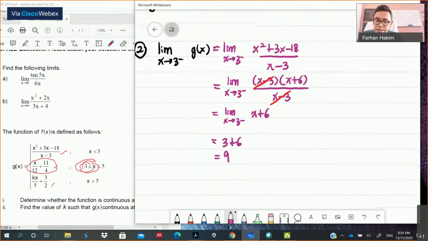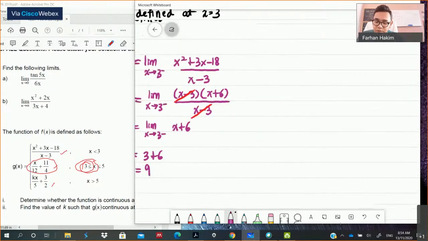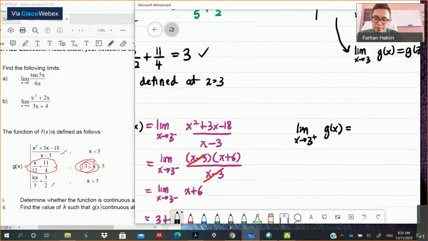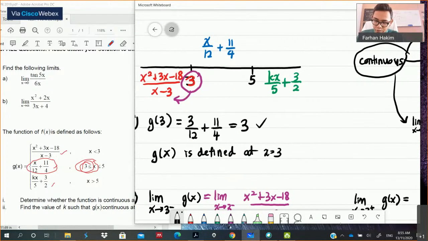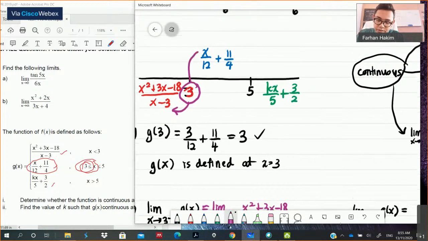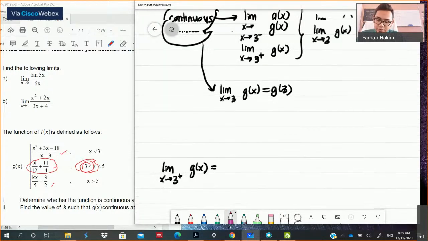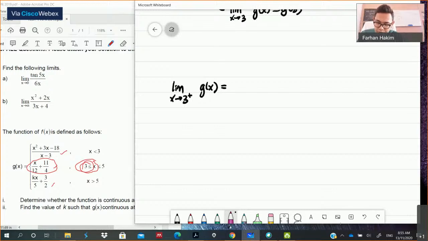Next, we can also find the limit as x approaches 3 from the right of g(x). From the right of 3, we have to use this function, x over 12 plus 11 over 4.